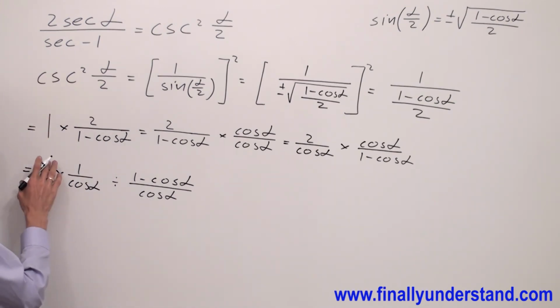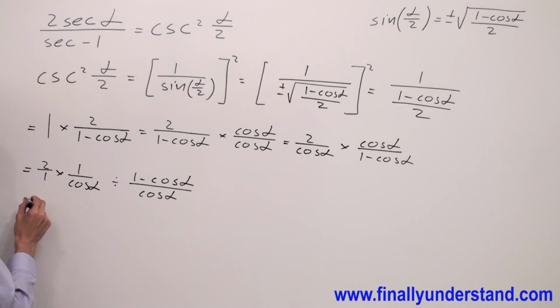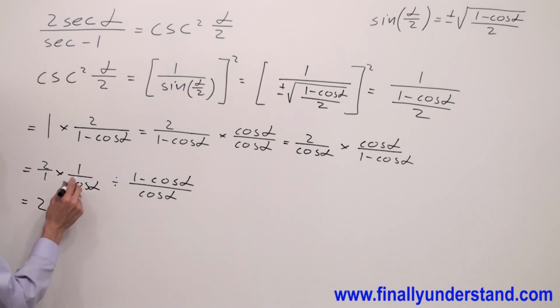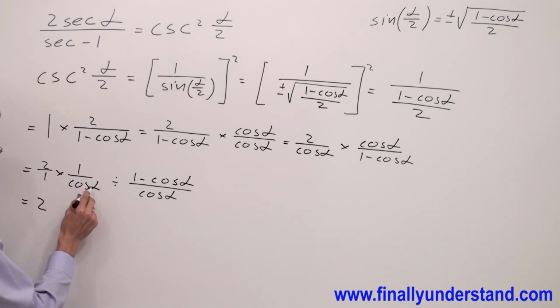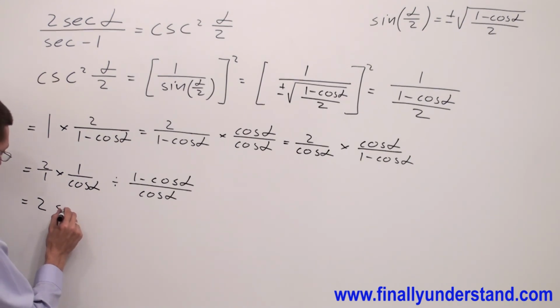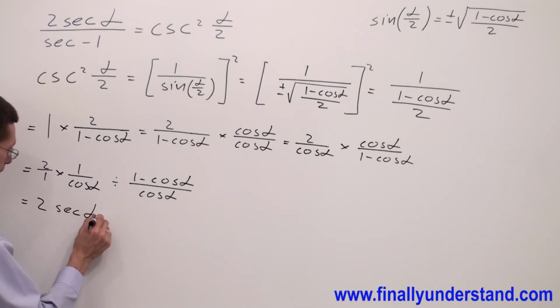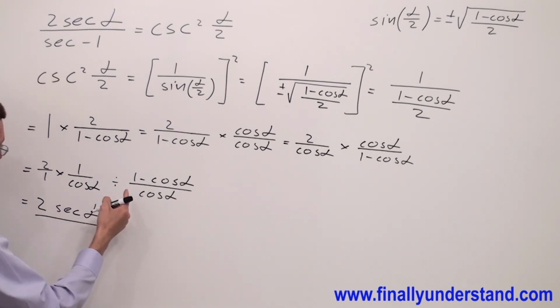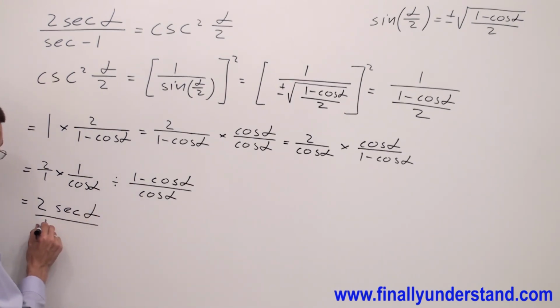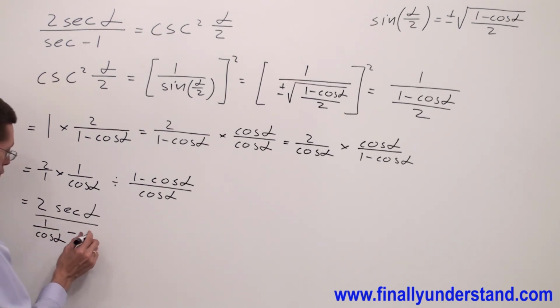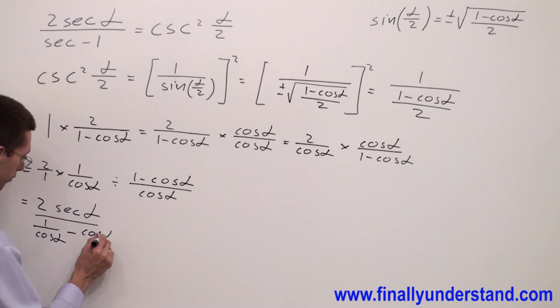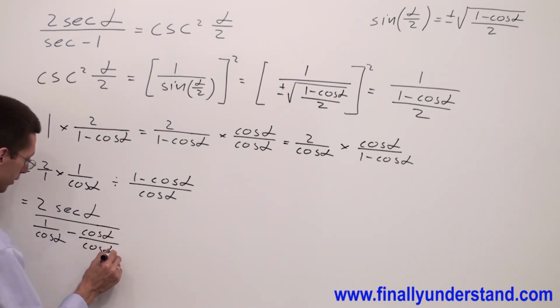We have 2 over 1 times 1 over cosine alpha, which is secant alpha, divided by, and let me do everything step by step. You can rewrite this as 1 over cosine alpha minus cosine alpha over cosine alpha.